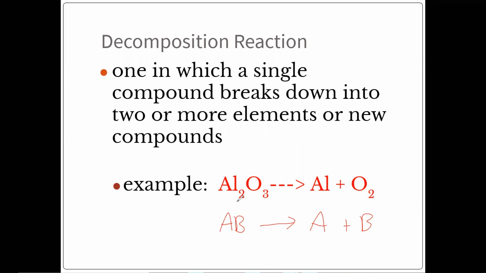In this example, we have aluminum oxide breaking down into its base parts, into aluminum and oxygen gas. Okay? So synthesis and decomposition, to reiterate, are opposites of one another.